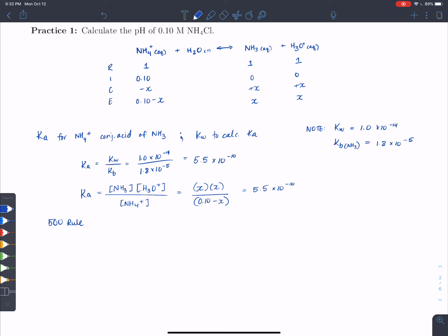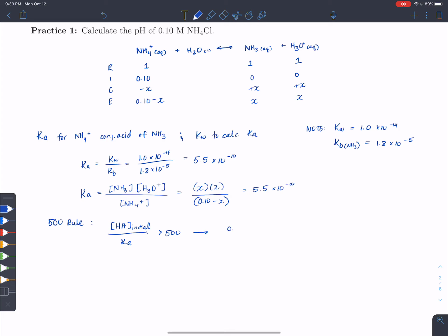Okay, so by looking at the 500 rule, we are looking to see if the initial concentration of our acid over the ionization constant of our acid is greater than 500. And so we can take a look by actually plugging this in.